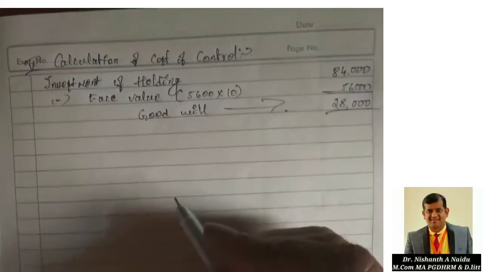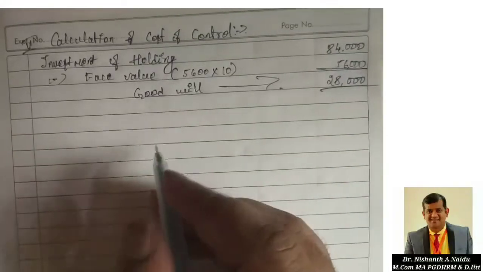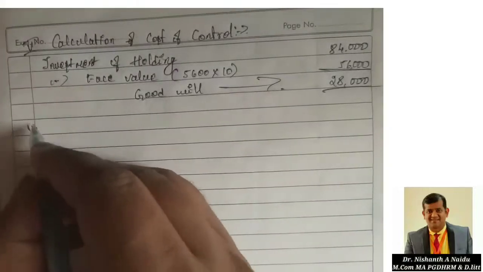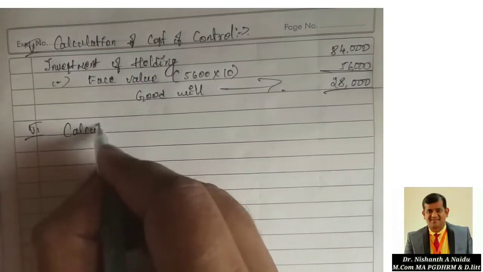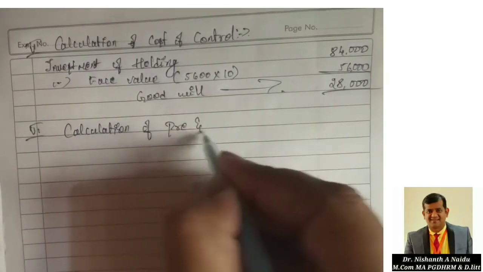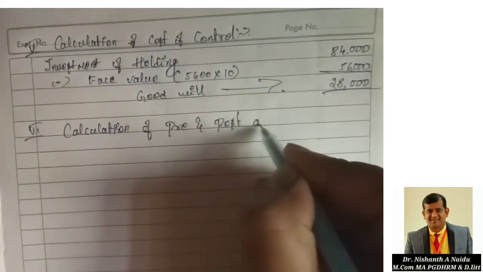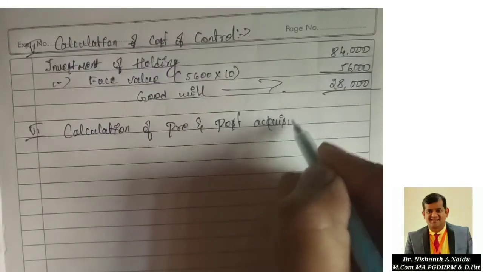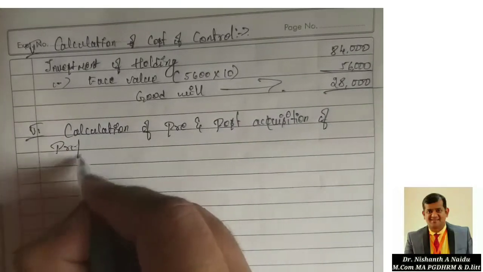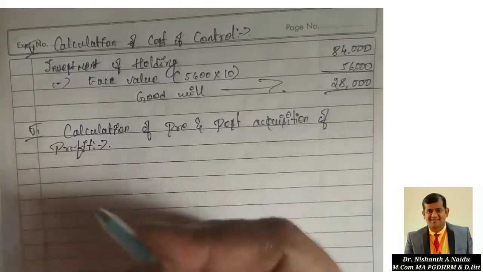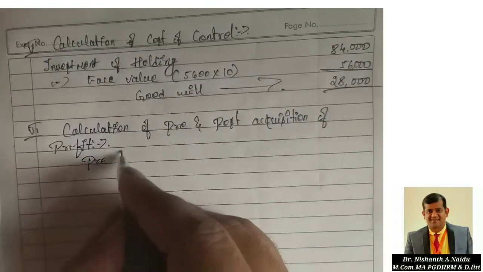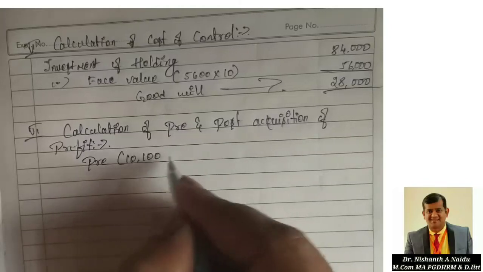Okay, 28,000. So after that, we have to do the calculation of pre and post acquisition profit. So sixth step, calculation of pre and post acquisition of profit. Okay. So first let us take pre-acquisition profit. So we had got 10,100.